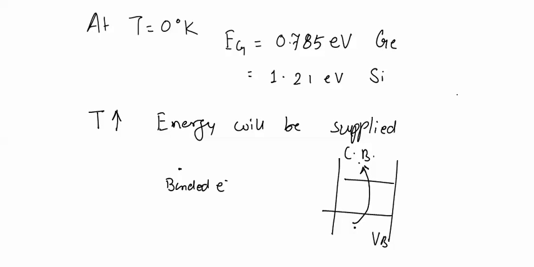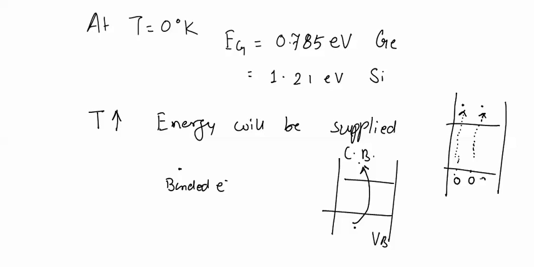If many electrons break covalent bonds, then after every covalent bond broken, there will be a deficiency of electron in valence band, which will be shown by a hole, and the electron will be shown in conduction band. This electron in conduction band is able to move when supply is given to the material.